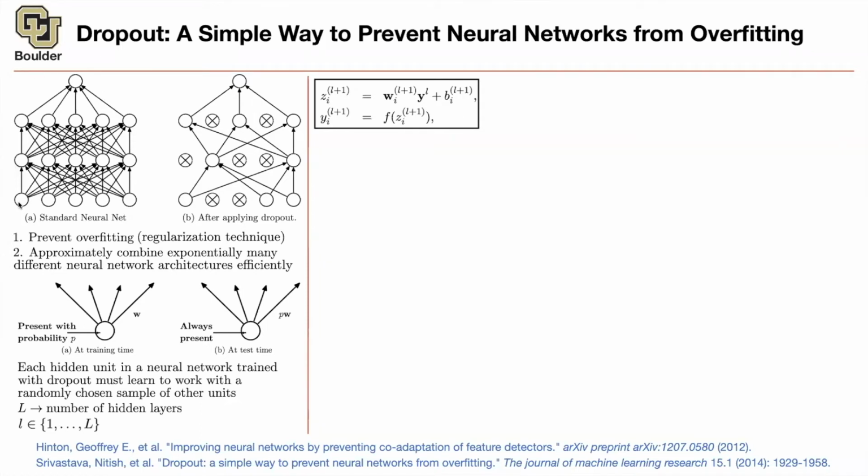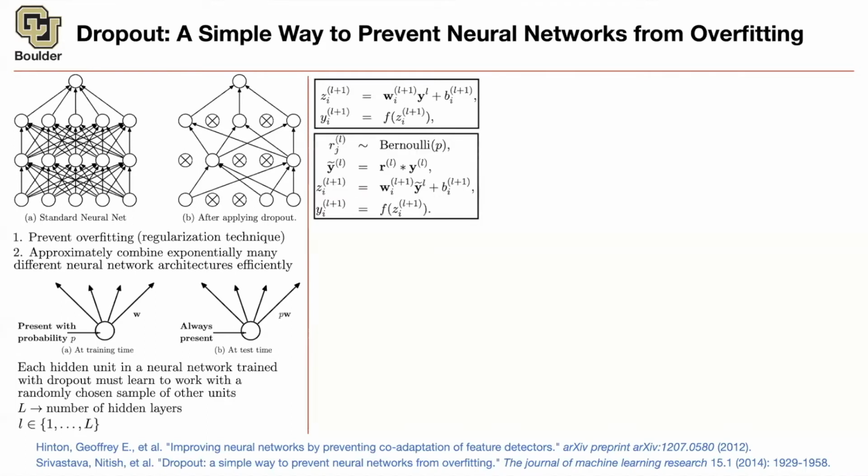How do you do dropout? At layer L, you're going to sample from a Bernoulli distribution. Basically, you have a coin that you flip, and with probability P, it's going to be 1. With probability 1 minus P, it's going to be 0. That's your Bernoulli distribution, and they're independent. At layer L, you get, for instance, 5 numbers.